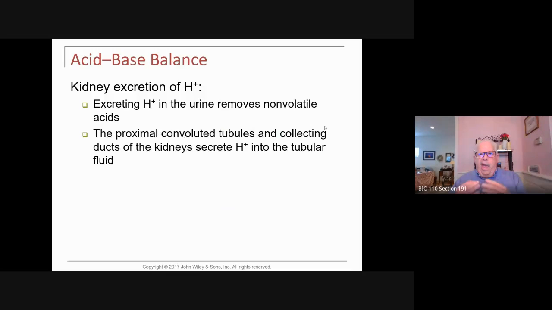If the lungs can't help you normalize your pH, and let me tell you right now, it never will, and I'll explain that in a minute, your kidneys now need to step in.